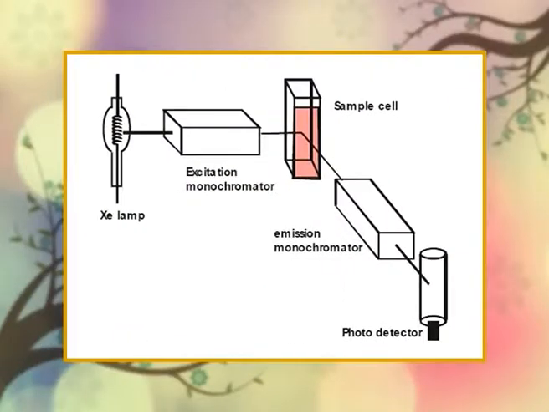The main components of a spectrofluorometer are a continuous source of radiant energy like a mercury lamp or a xenon arc, a monochromator, usually a prism, to choose the wavelength with which the sample is to be irradiated, a second monochromator placed after the sample, which enables the determination of the fluorescence spectrum of the sample, a detector, usually a photomultiplier suited for wavelengths greater than 500 nanometers, and an amplifier.